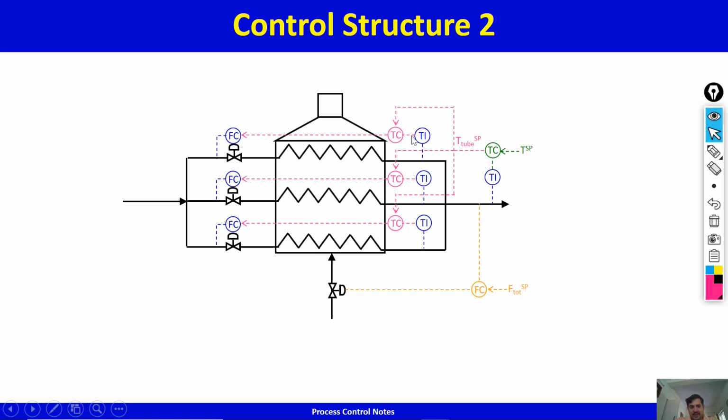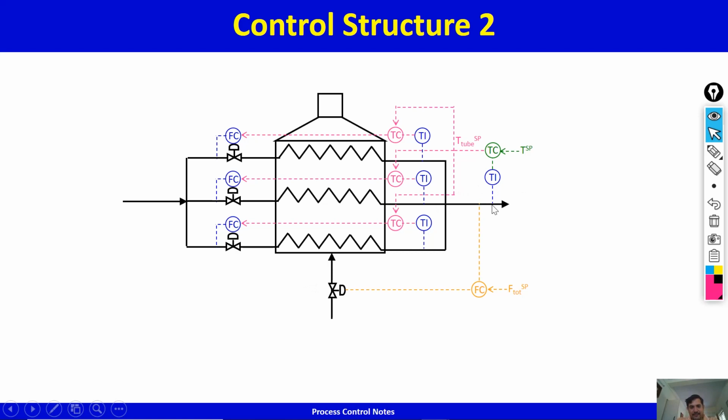As T tube set point is increased, in order to increase the pass outlet temperature, the temperature controller here will say bring in less oil, or reduce the flow through the tube. As the flow through the tube is reduced, the temperature will increase back up. So to increase the temperature, the flow through the tubes decreases.